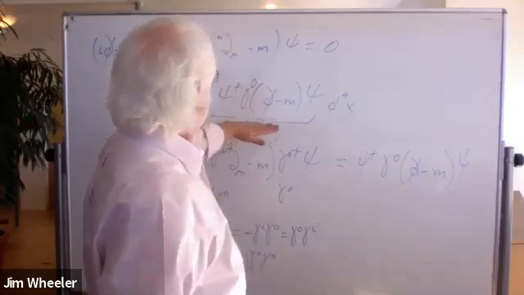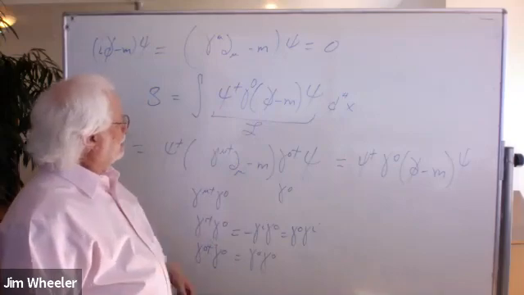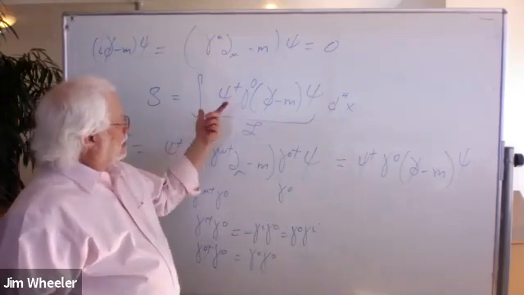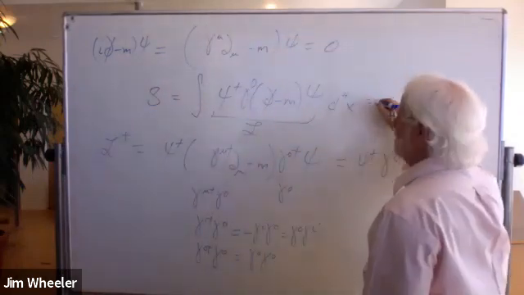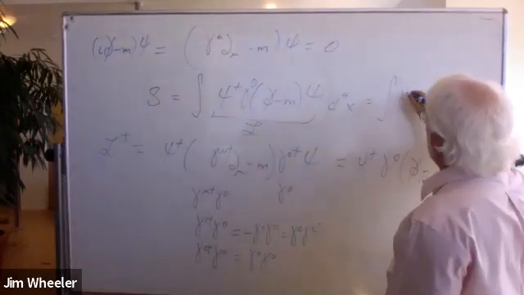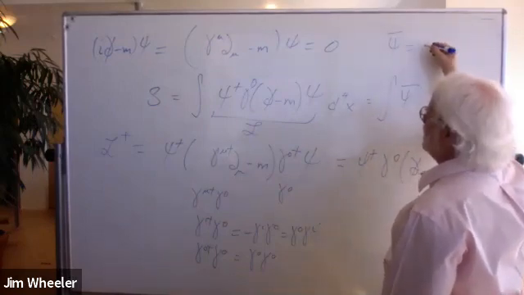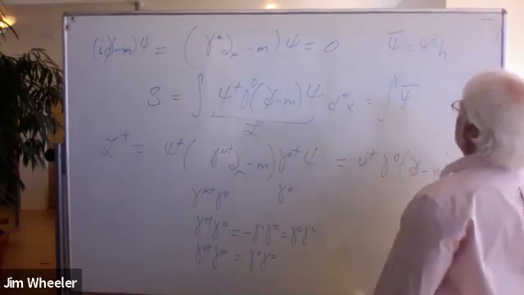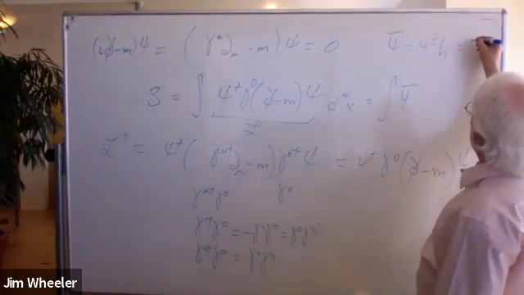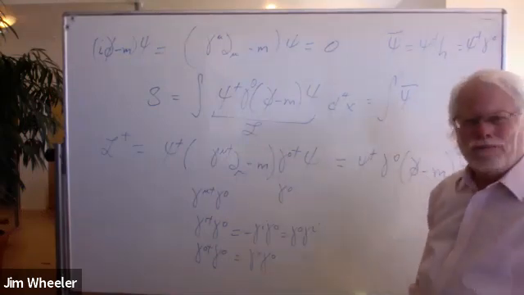So now this is a real action, and because we need this metric in here, we write the dual vector as psi bar. So we're finding psi bar, if we're not abusing the notation, it's psi dagger h, and we'll often write that as psi bar gamma 0.